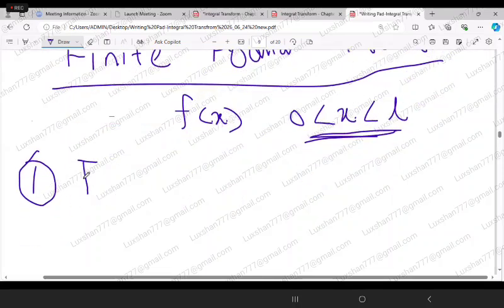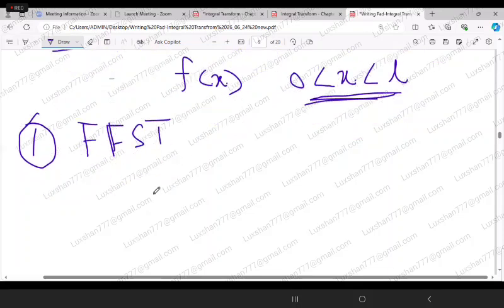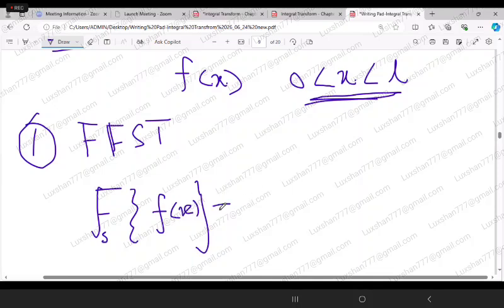First one, we are going to define the finite Fourier sine transform. So it is defined this way. F s means sine, same as earlier. We are using the notation F bar s of fx. Earlier we put omega.